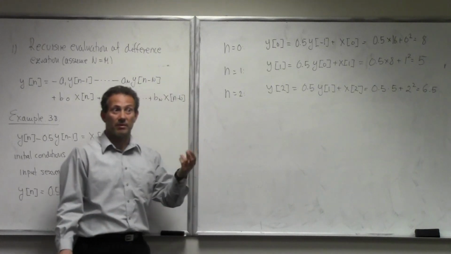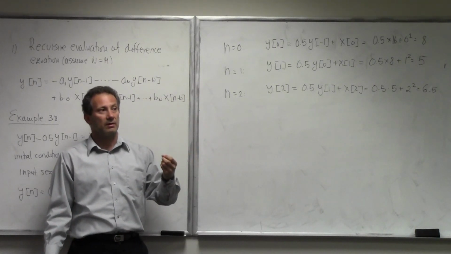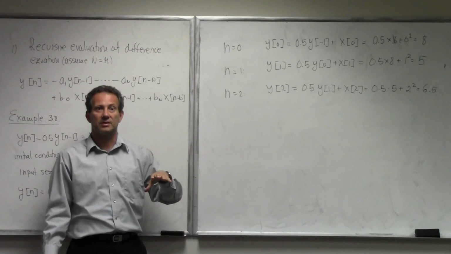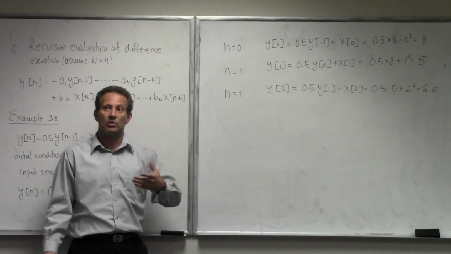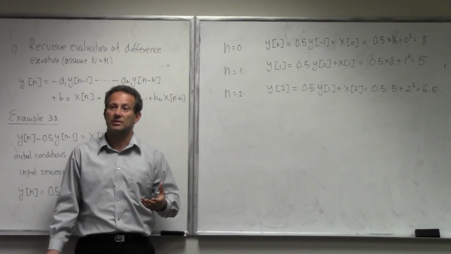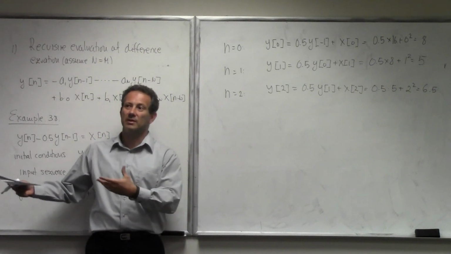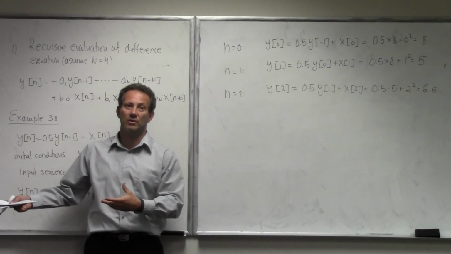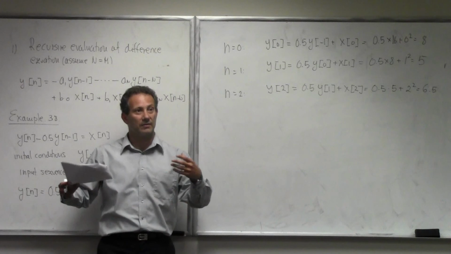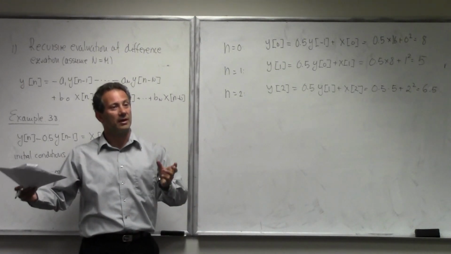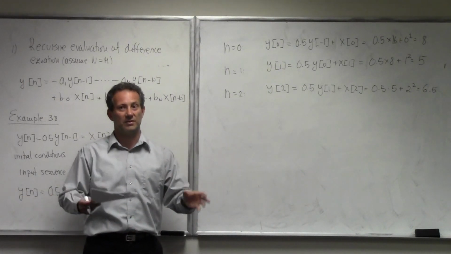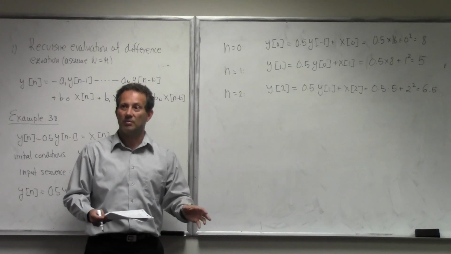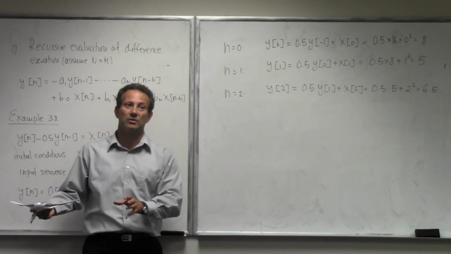And you guessed it, probably, that we're going to limit ourselves to linear systems, and we're going to have a closed form solution for linear systems. It's a similar story to our continuous system. We're going to have characteristic equations, characteristic modes. We're going to have a zero input solution, zero state solution.